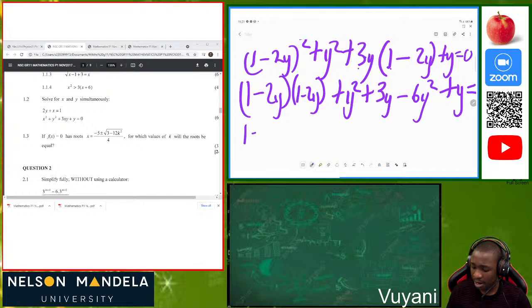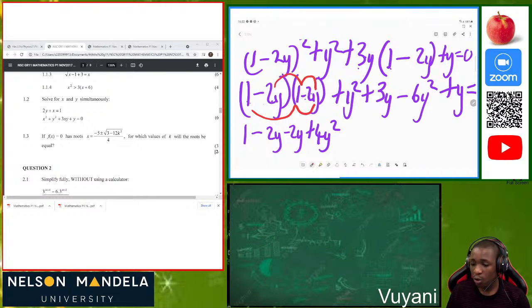It's going to be 1 times 1 is 1. 1 times negative 2y is negative 2y. Negative 2y times 1 is negative 2y. Then negative 2y times negative 2y is going to be positive 4y squared. So in other words, when you're solving, it's always like this. That's how you expand that bracket and simplify it.